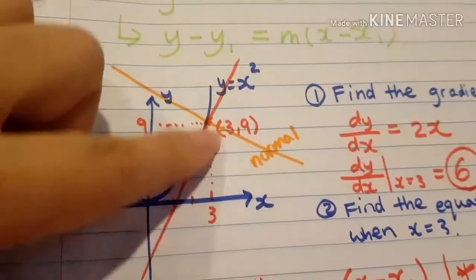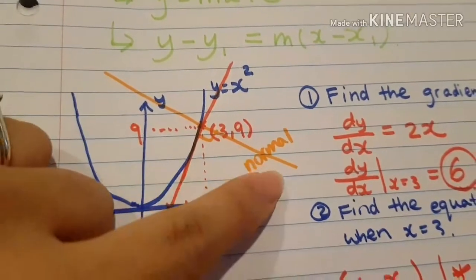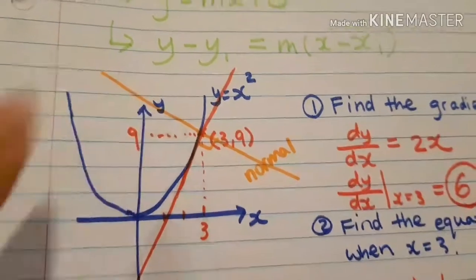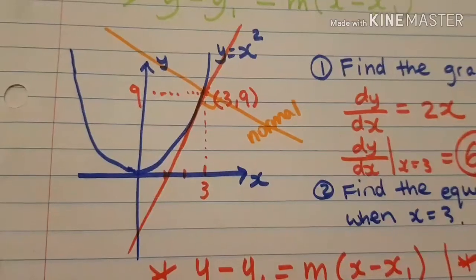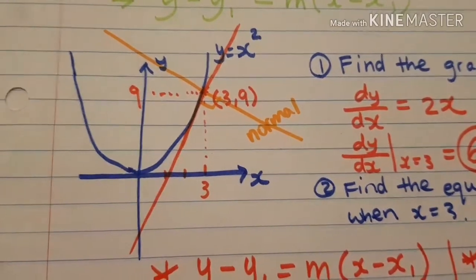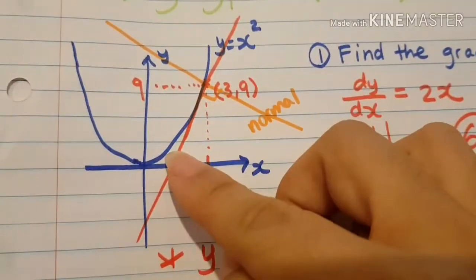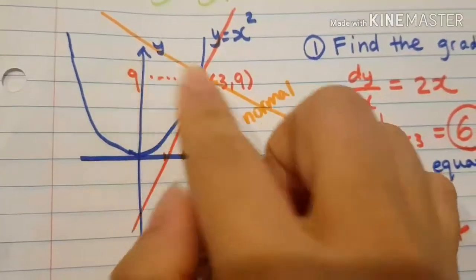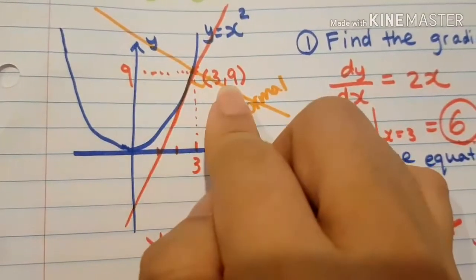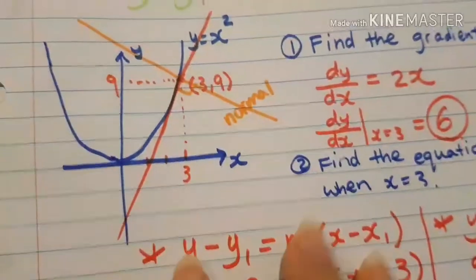So the gradient of the tangent and the gradient of the normal are negative reciprocals of each other. Remember last year we learnt m1 times m2. When you multiply the gradient of this and the gradient of this, it becomes -1.